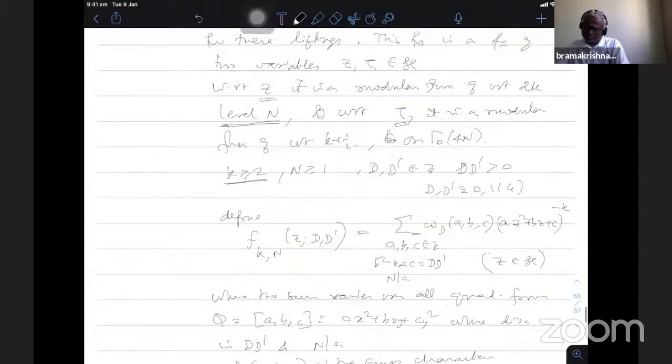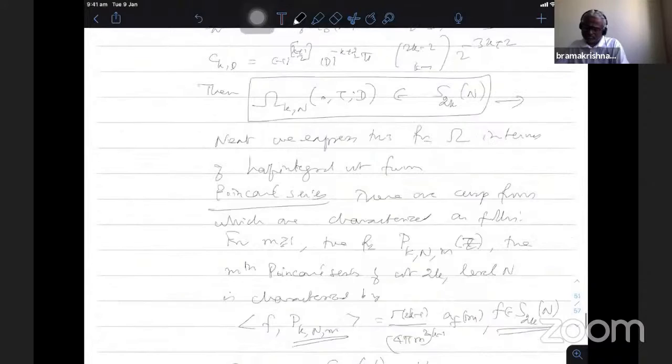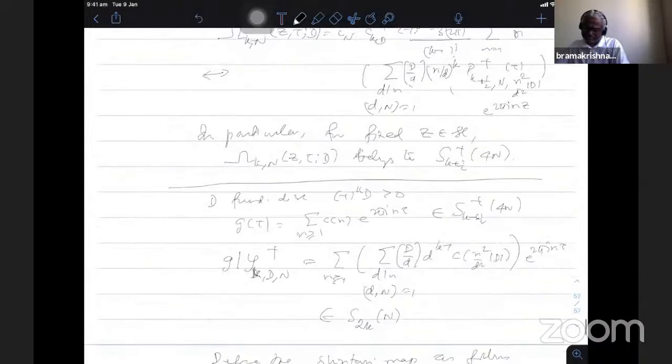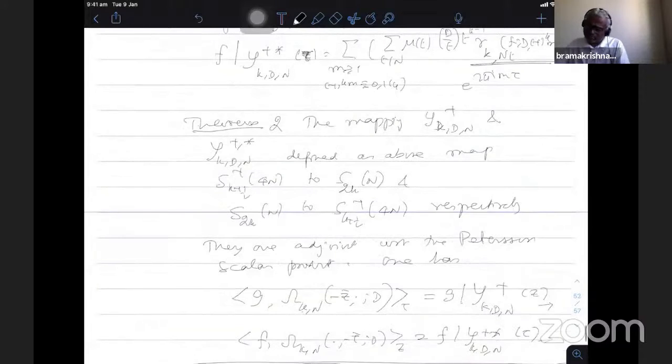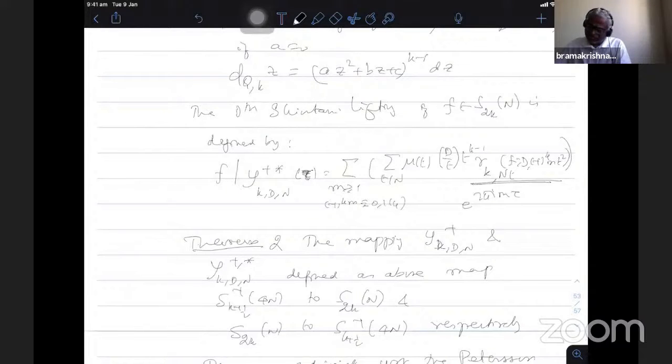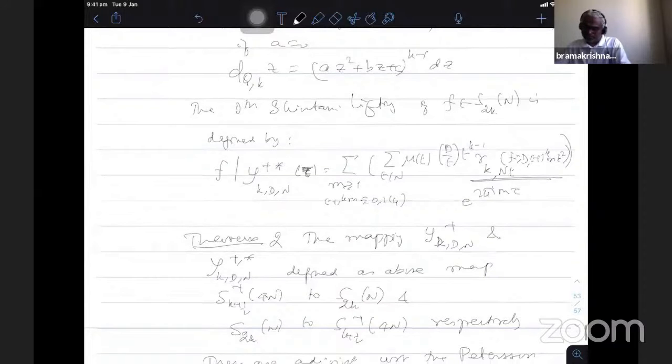Here we go. Yeah, star. So all the factors are there, mu t d by t, this is r_{k,n,t} f and t square. So if I take the inner product of f with the f_{k,n,t} that is d minus 1 4 k m t square, I should be getting this r_k. That's what I have to show.